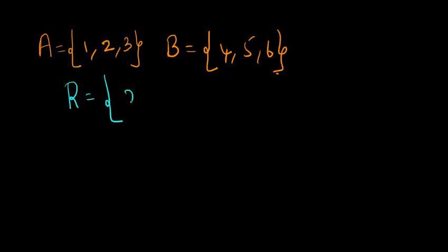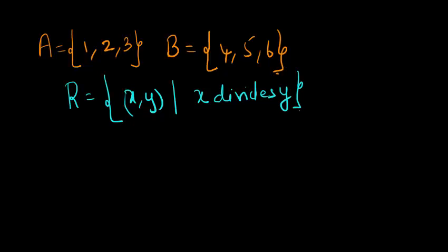I'm going to be picking up ordered pairs x, y, such that x divides y. X is completely dividing y. This relationship in mathematics can be written like this: x divides y. That means divides by. So in this case, this is such that, and this is x divides y.